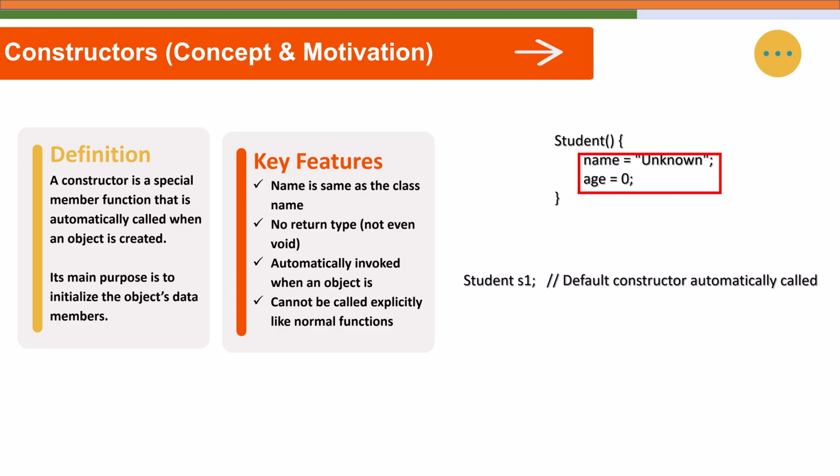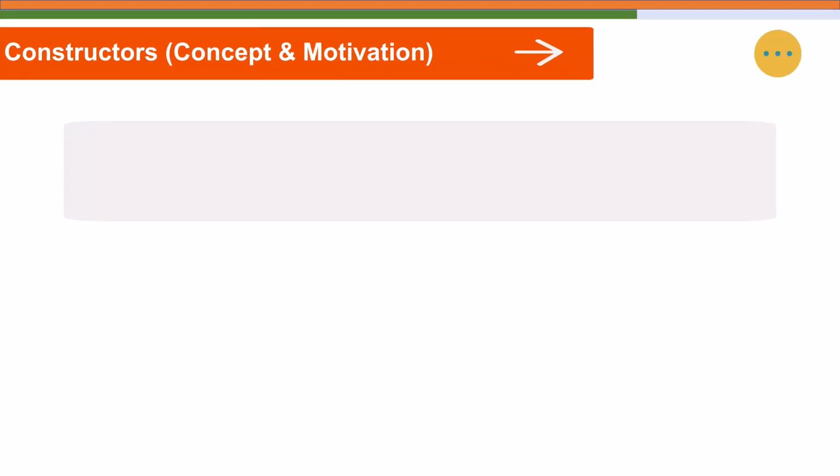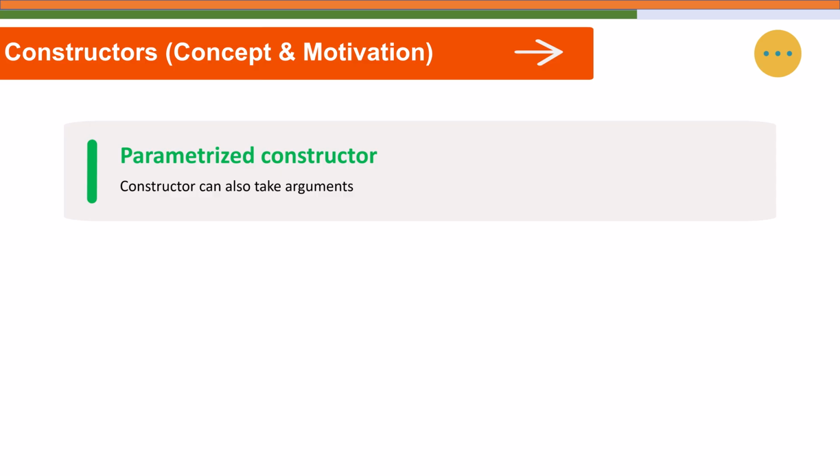predictable and consistent state. Constructors can also take arguments, allowing us to create objects with different initial values right from the start. For example, when we define a student class, one student might start with the name Alice and age 20, while another may start with the name Bob and age 22.